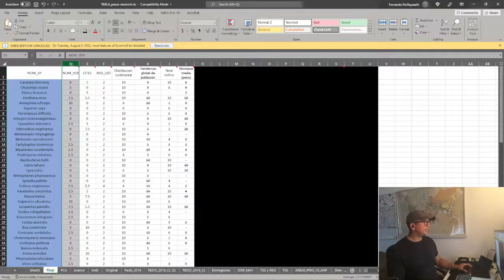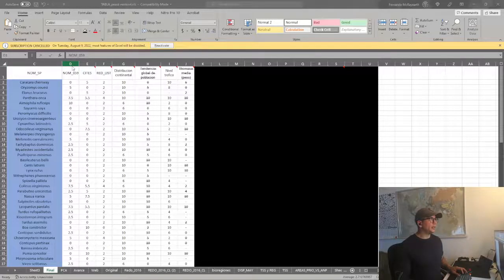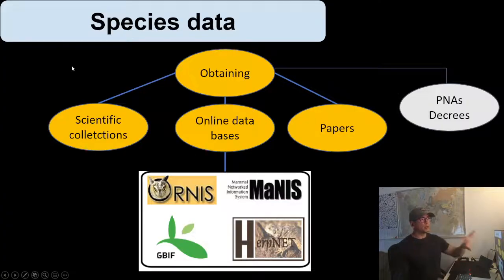And yeah, so in the end, oh well, okay. So I missed one thing, which is pretty important. Another factor that made us select the species was the amount of records that we were able to collect from the online databases and scientific collections, because this is more a technical issue, right?